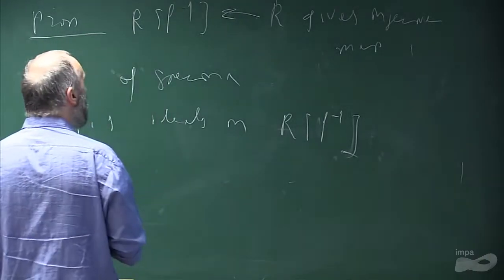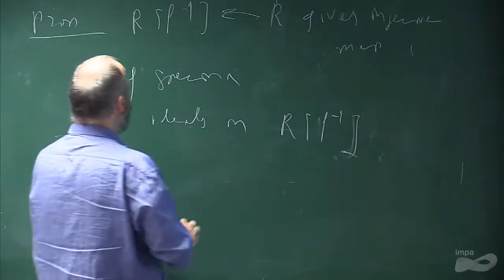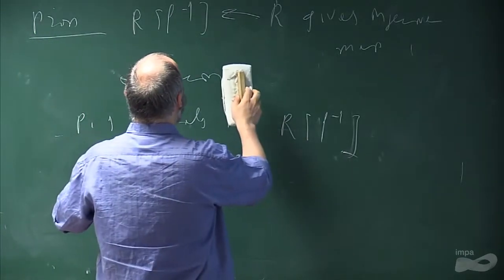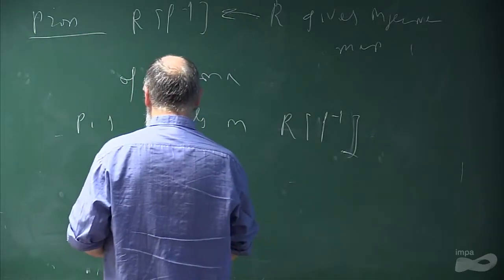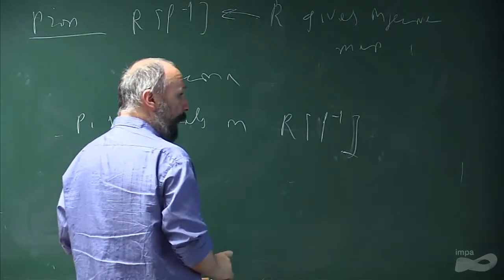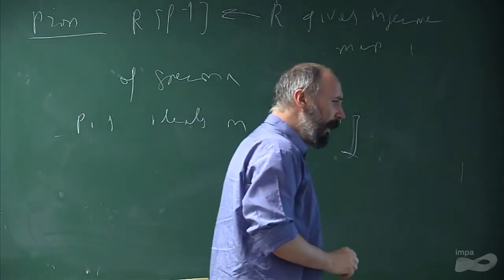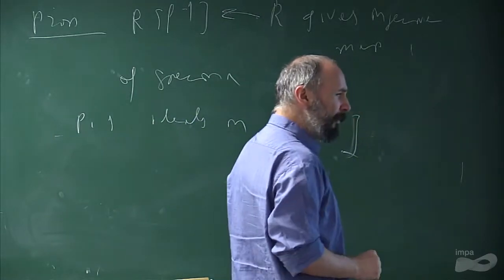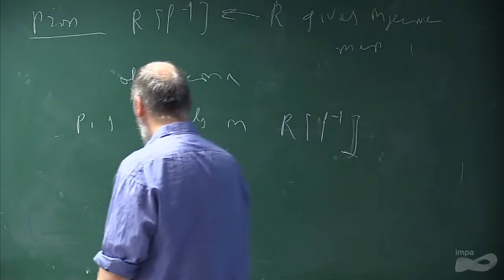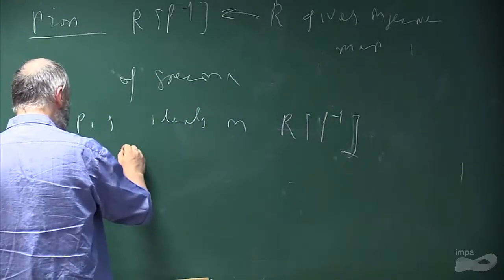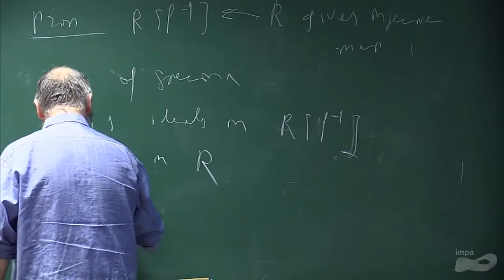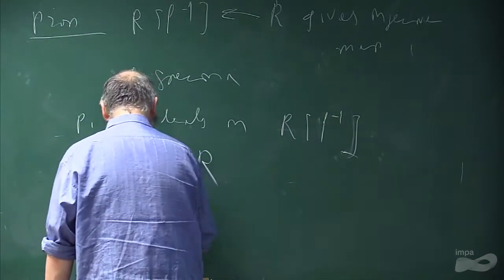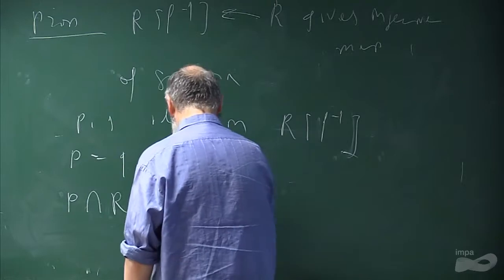Suppose that P is equal to Q in R. This means that P intersected with R is Q intersected with R.